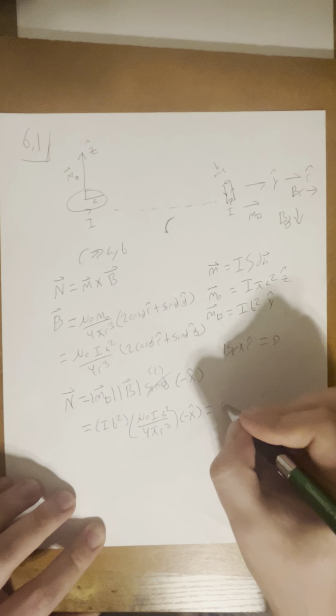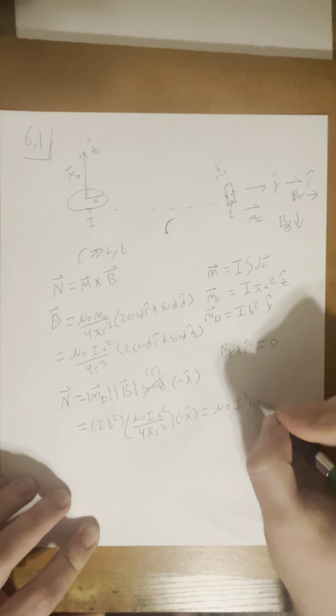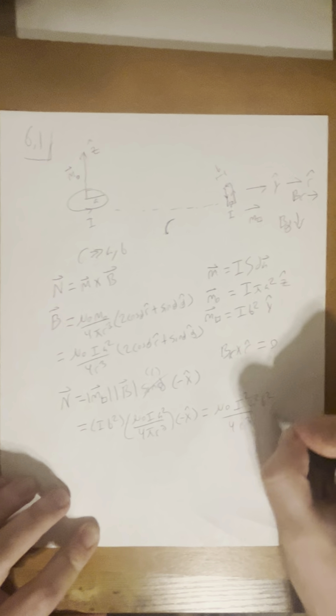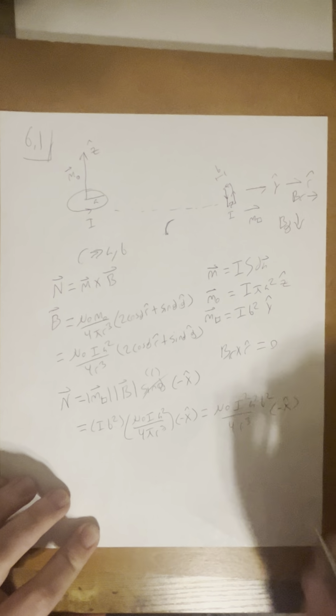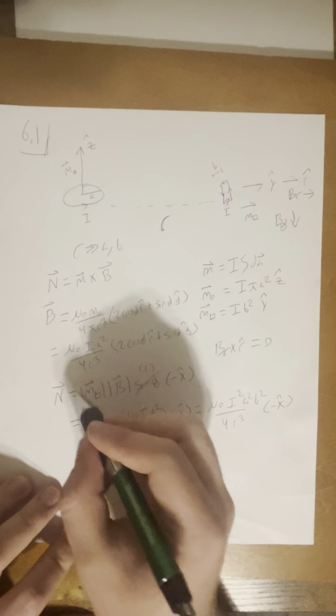Simplifying and combining terms, that's mu naught I squared a squared b squared over 4 r cubed, all in the negative x hat direction. All right, so there we have our torque.